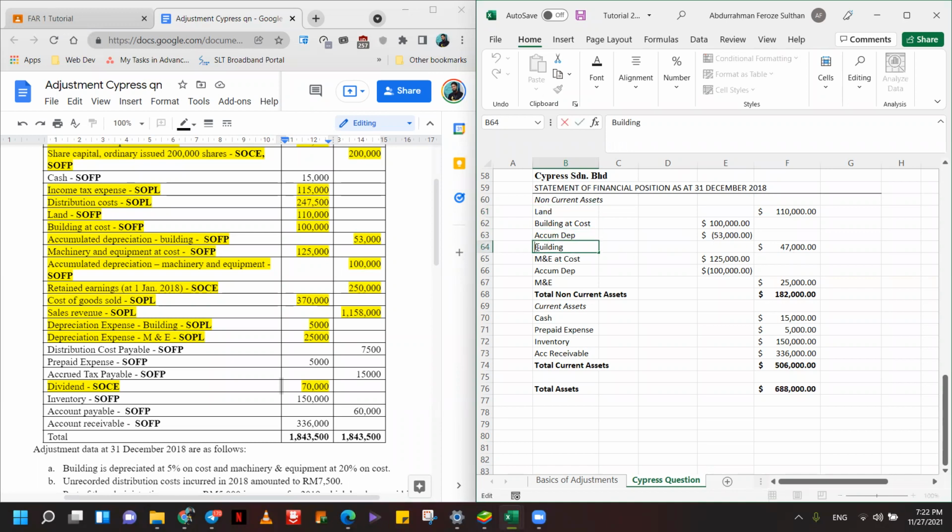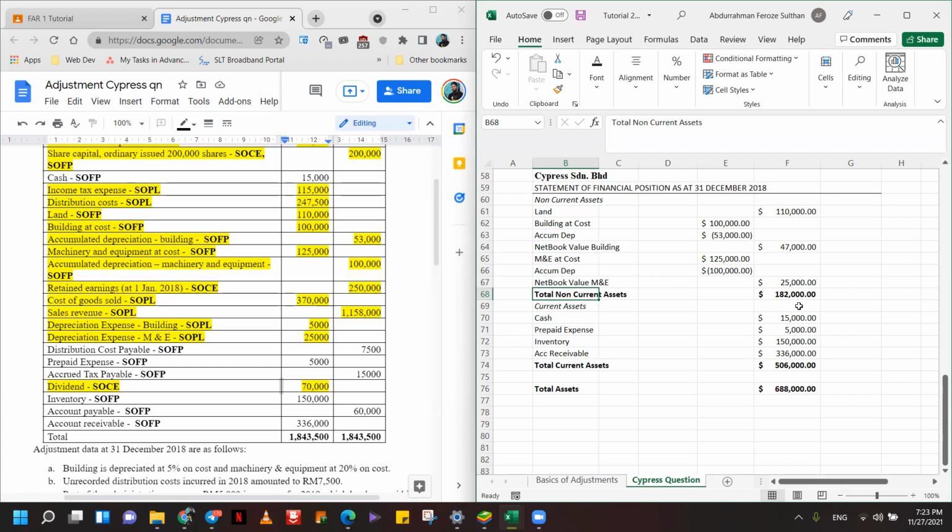So now we need to show the net book value. This is actually a term that you can use. Net book value of the building. So the net book value is the current value of the building and the machinery. So we need to show that in the financial statement.